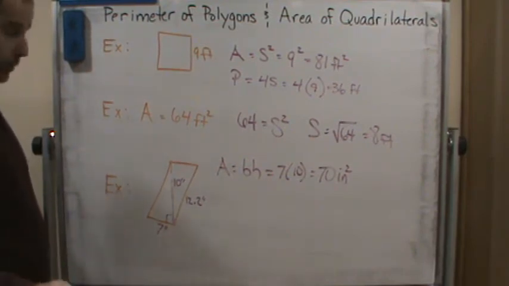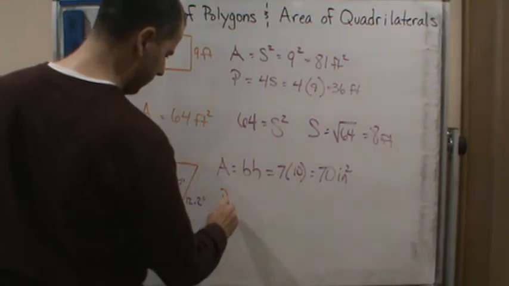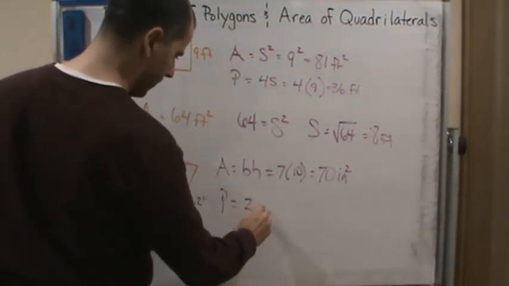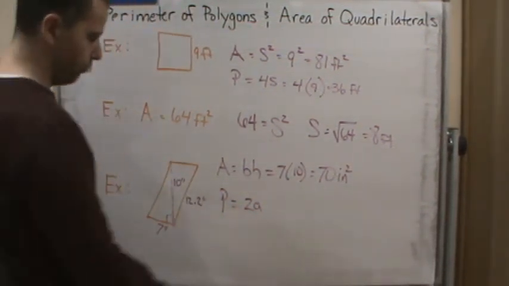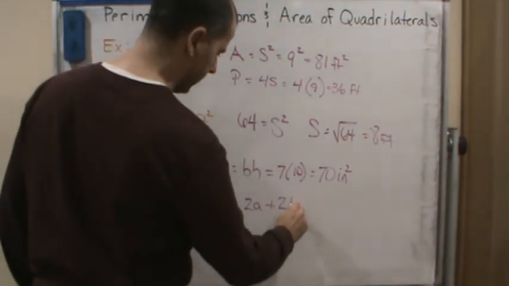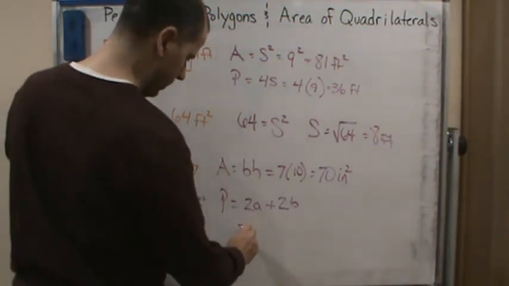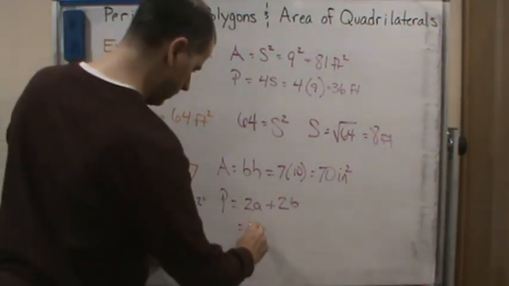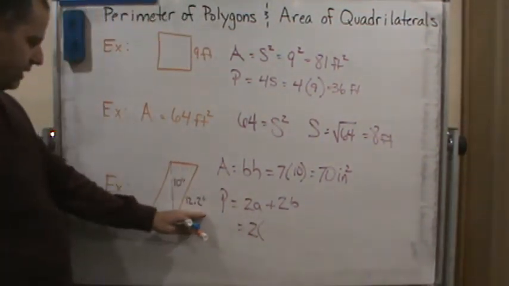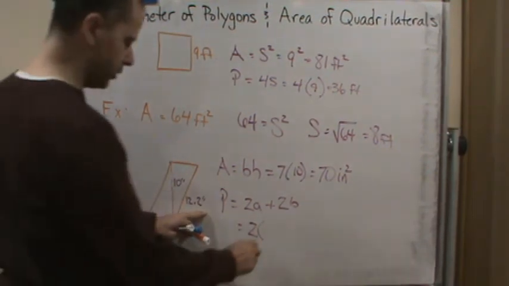But we do need it for the perimeter. Because the perimeter is what? 2 times the length of one side plus 2 times the length of the other side. So the base is 7 inches, and the adjacent side is 12.2 inches.